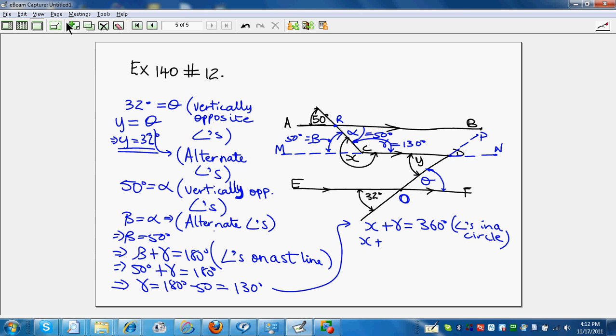So x plus 130 degrees will be equal to 360 degrees. So therefore angle x would be equal to 360 degrees minus 130 degrees. Minus 130 on both sides. So therefore angle x will be equal to 230 degrees. Angle x will be equal to 230 degrees.